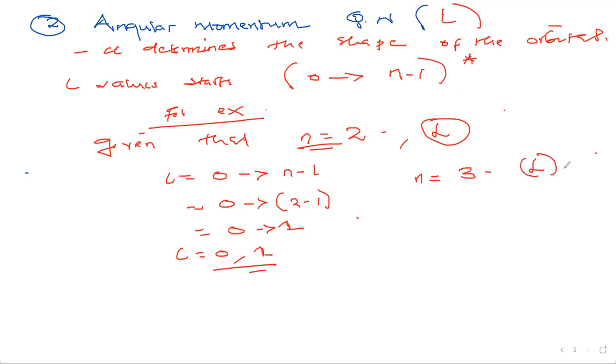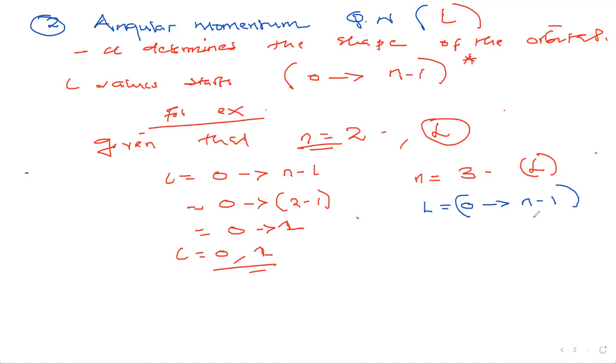We want to find the angular momentum for n equal to 3. To get the values of L, you should understand that L ranges from 0 all the way to n minus 1. So this is the way you get the values of L.